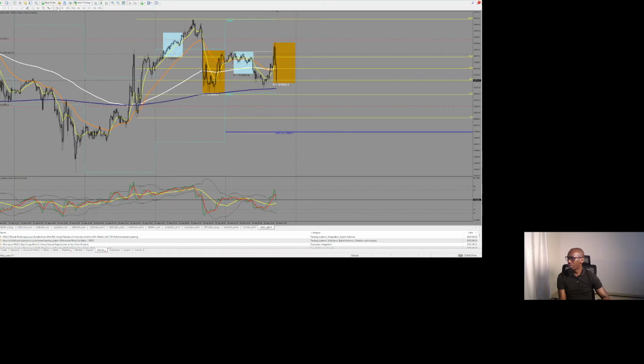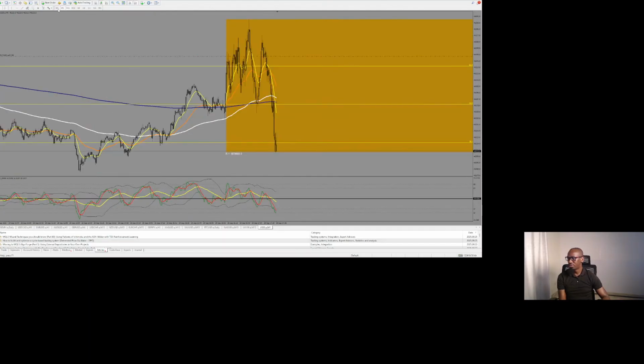Yeah, so again, price is moving very nicely. On the 15-minute chart, we can switch back to the 1 minute chart. You can see price has moved very strongly, and it's gone quite far away from the 13 EMA.